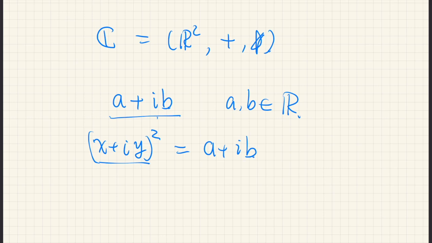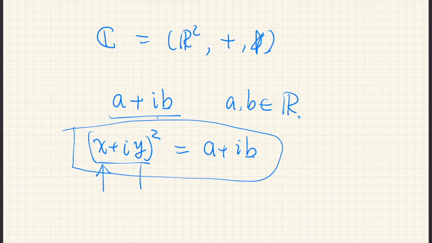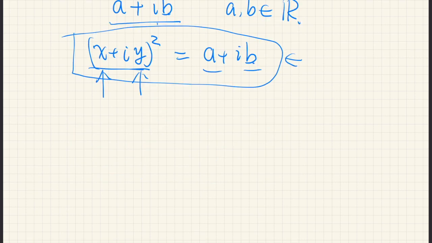So let's find the solution to this equation. That means, what are the values of x and y, which are real, that satisfy this equation for any given a and b. To do that, we first expand this left-hand side, and that becomes x squared minus y squared plus 2xyi.